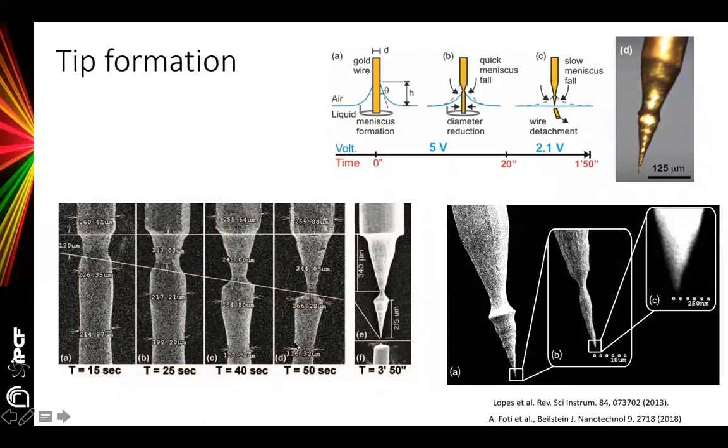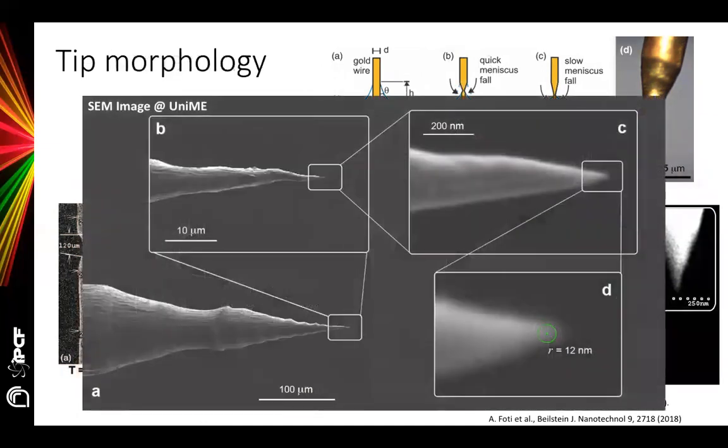Here we can see the different stages of the tip formation seen at the electron microscope. At the end of the process, we end up with this kind of tip having this particular shape and a very small tip radius, generally lower than 50 nanometers. But in some cases, we can also have TERS tips with a radius of only 12 nanometers.